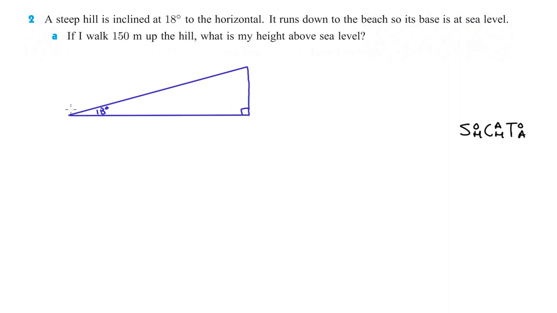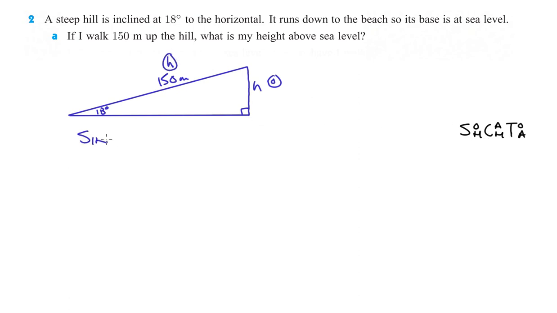If I walk 150 meters up the hill, what is my height above sea level? So this should be 150 meters here. So there's our angle. That's the opposite. That's the hypotenuse. So that's going to be sine, right?